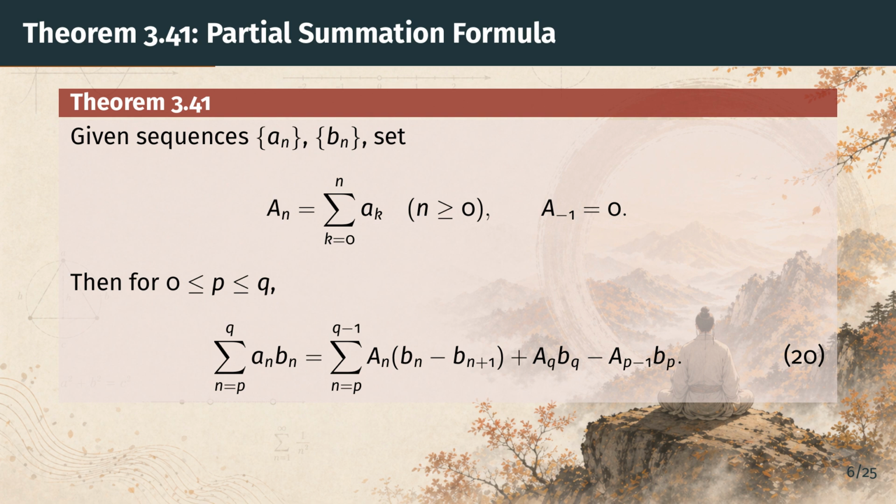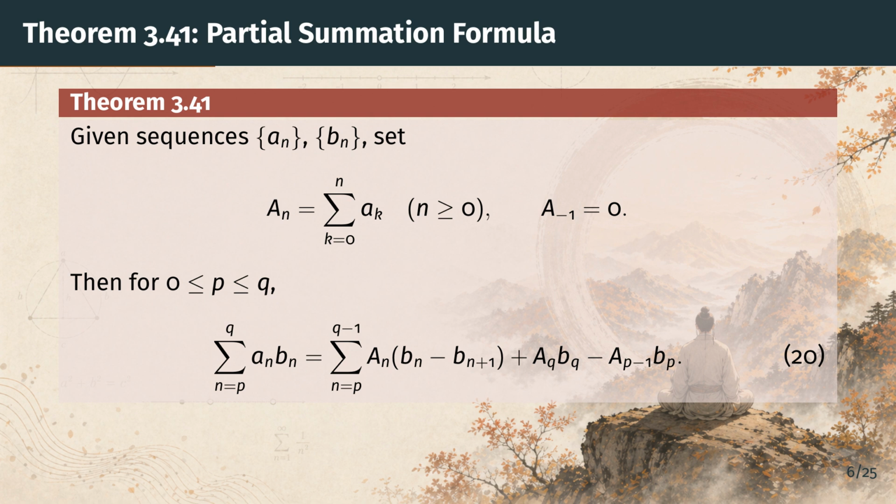The conclusion, equation 20, rewrites the sum of the products a sub n times b sub n between any two indices p and q. On the right, we no longer multiply a by b. Instead, we multiply the partial sums capital A sub n by the consecutive differences b sub n minus b sub n plus 1, plus 2 boundary terms.